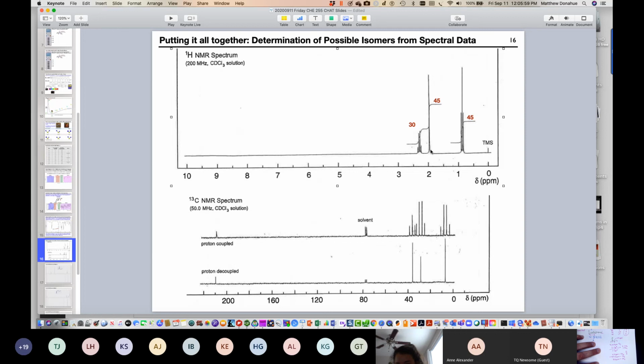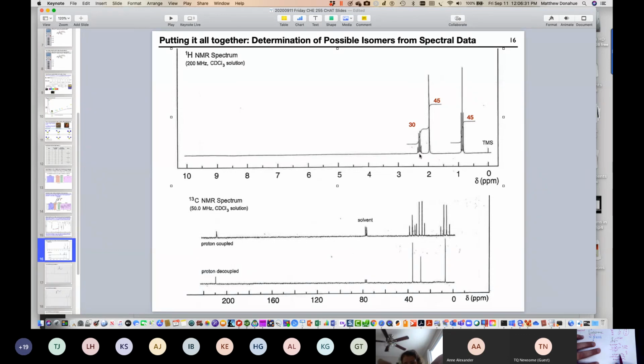So where did these numbers come from? See where this peak is right here? I'm just looking down. See this number? If this is like 2.5, I guess I'm a little bit wrong. This is maybe like 2.4 or something. So see how these two are close to one another?